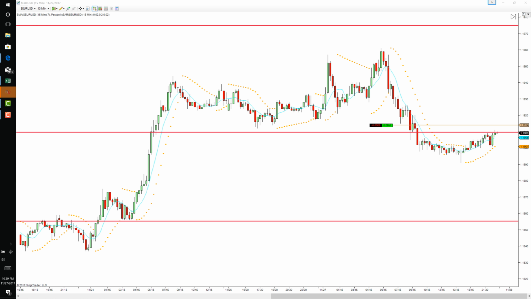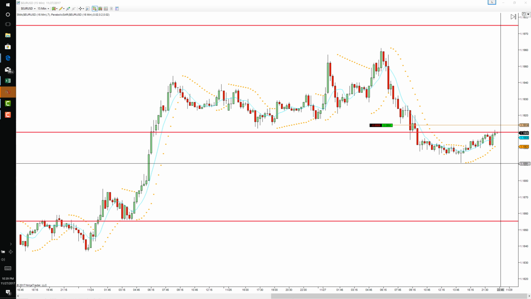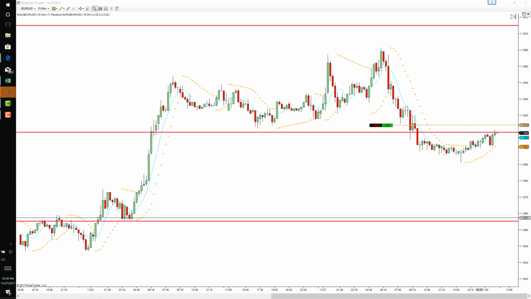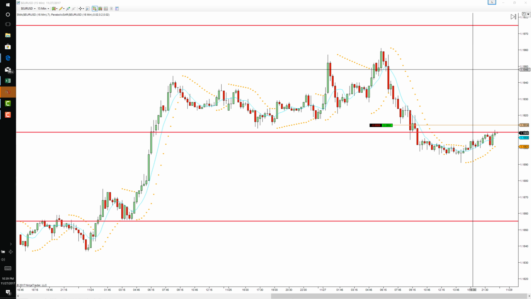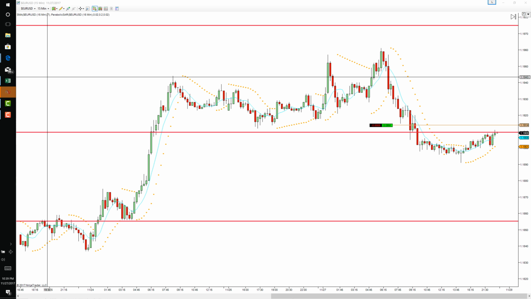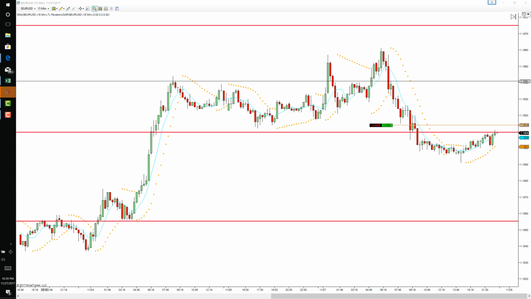I need to make sure that this is something I'm testing. So in fact, my stop may be, once I go to bed, around 1875, and once I get up in the morning, I'll just rethink it and go from there if price does not go up.